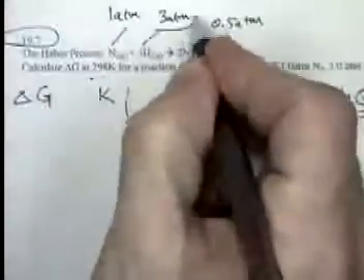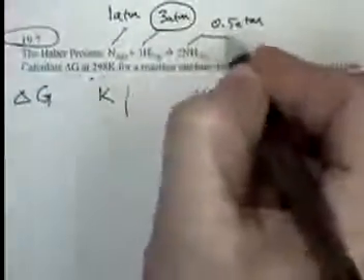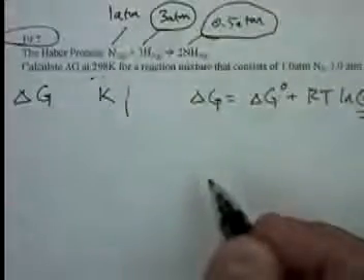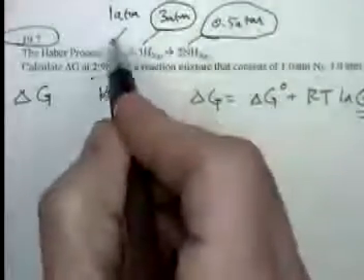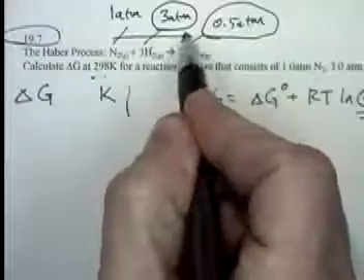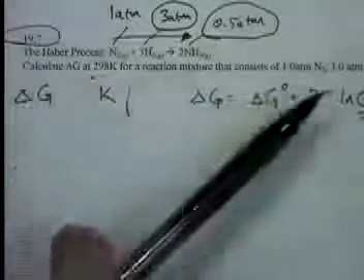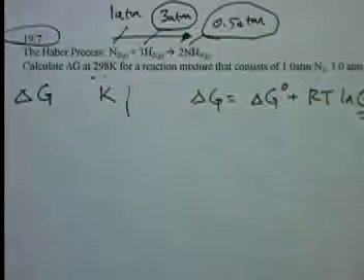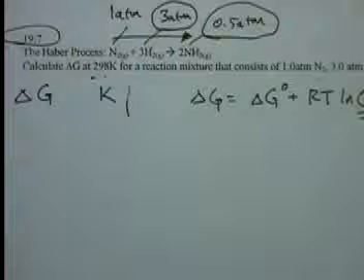If I increase the pressure of this substance and decrease the pressure of this substance, we'd think that we should shove the reaction to the right, and therefore increase the driving force of the reaction, and therefore the free energy should become more negative, meaning the reaction is more spontaneous. Well, let's see if that really happens.